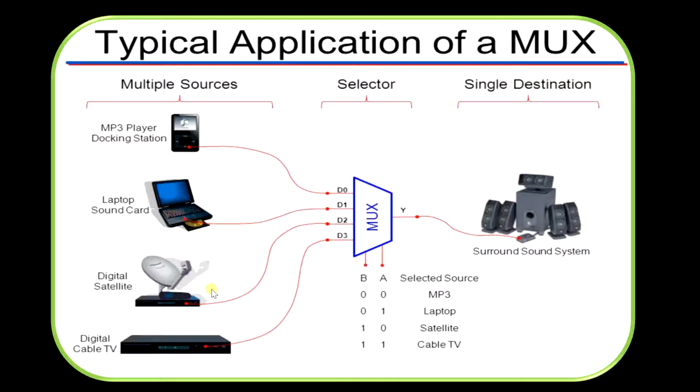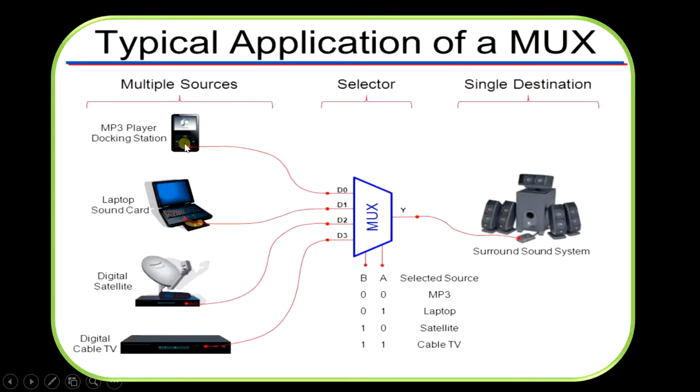Here is a typical application of a mux wherein we have multiple sources like the MP3 player, a laptop, a digital satellite, a digital cable TV, and we have a selector and the destination.